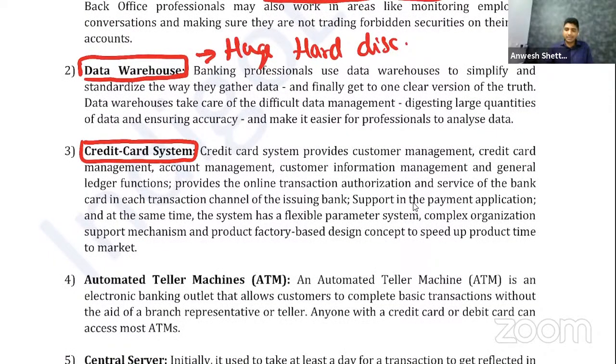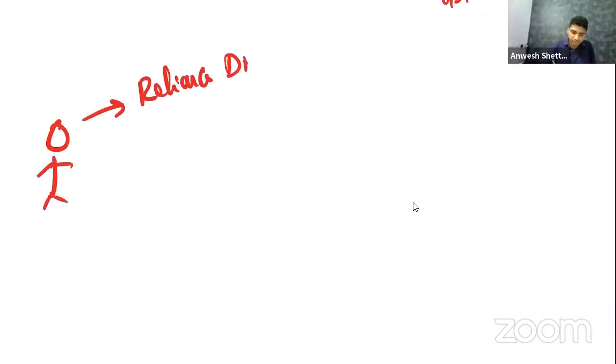Next, there is the credit card system. So what is this credit card system? This is one more software module. What is the function of this credit card system? Simply put, let us say you go to Reliance Digital and you want to purchase a phone.